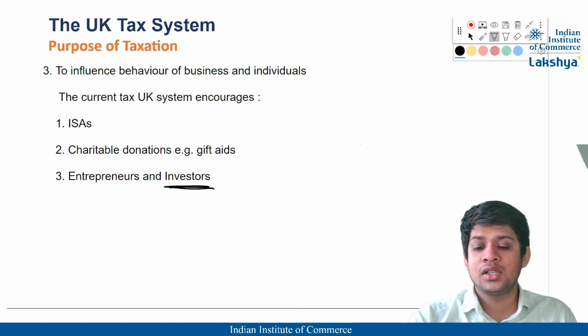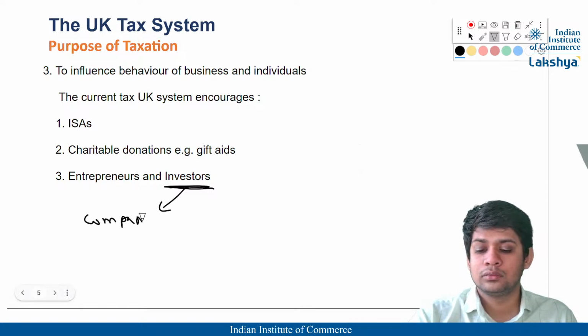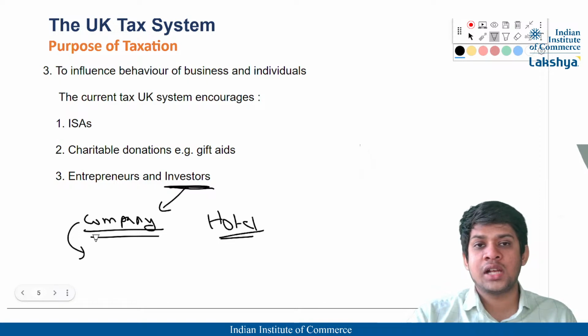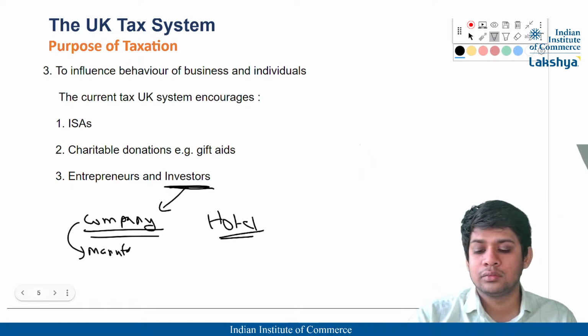Here, for investors, if in case there is a company, or maybe there is a hotel. I'm purchasing certain shares in that company, and the company is actually manufacturing electric cars.